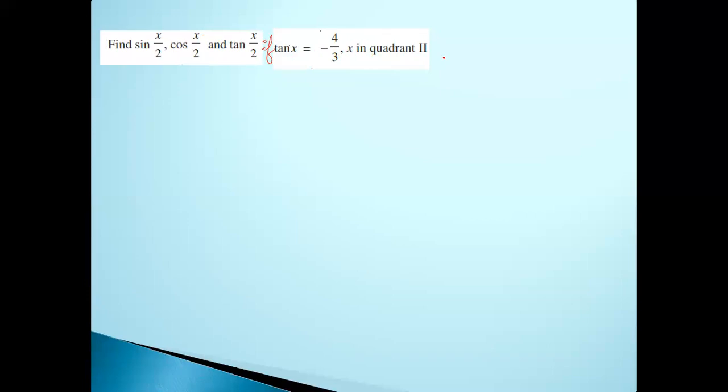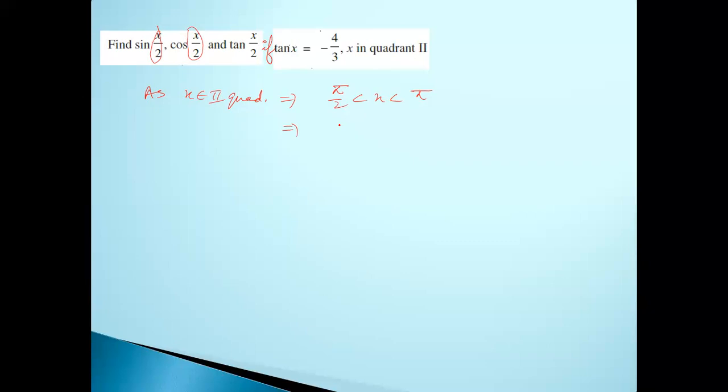It is given to us that as x belongs to the second quadrant, x lies between pi by 2 and pi. Dividing both sides by 2, because we have to find half angle sin x/2 and cos x/2, we have to see in which quadrant x/2 will lie.